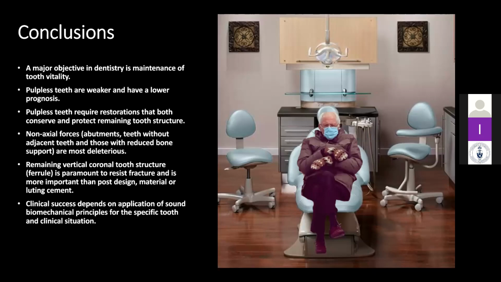There's a lot of new technology, designing new posts. You don't know how much the industry is putting money into research to come up with patents every year for new posts, for new materials, but none of them are being tested clinically. They've been tested, let's say in vitro, but that doesn't sometimes relate to the clinical outcomes that we're expecting.